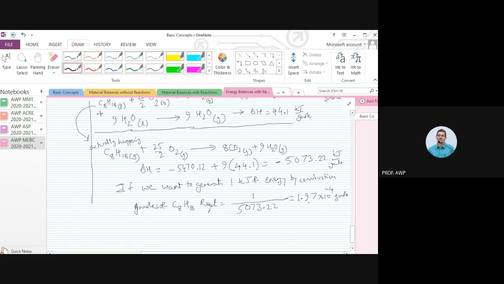Molecular weight of octane is 114. Therefore, grams of octane required is 1.97 into 10 raised to minus 4 into 114.